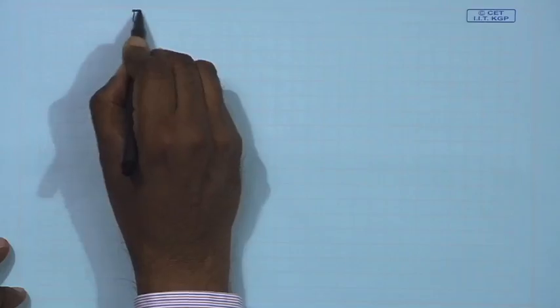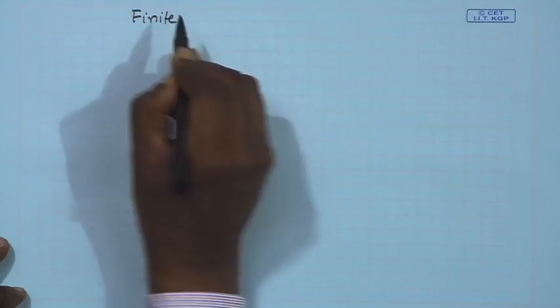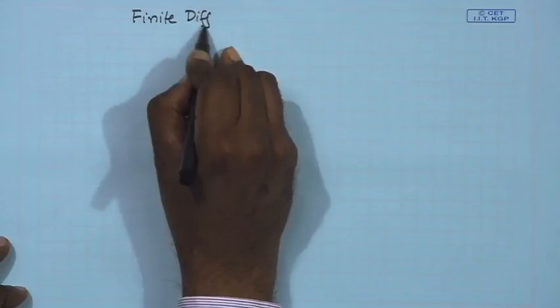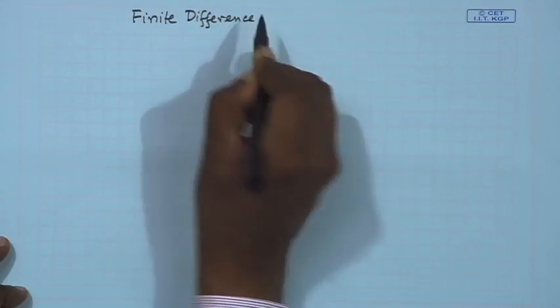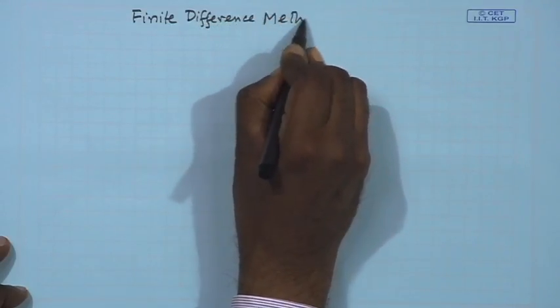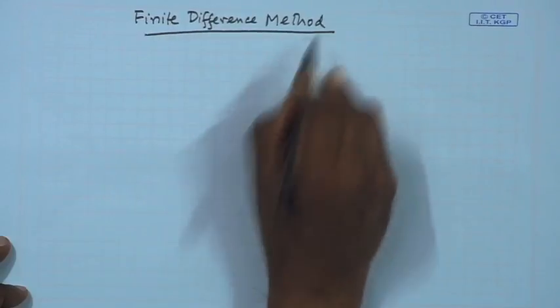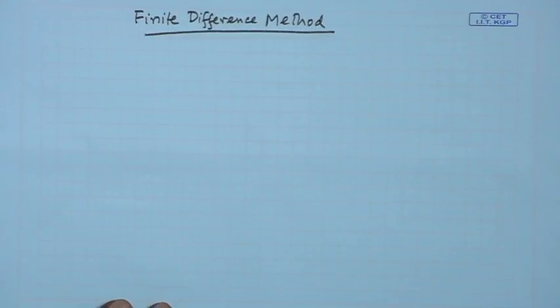Now, one easier method, that is the most popular, is the finite difference method. This is the straightforward way one can solve the boundary value problem at a discrete number of points.